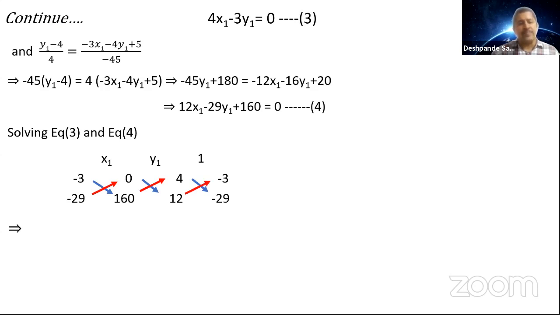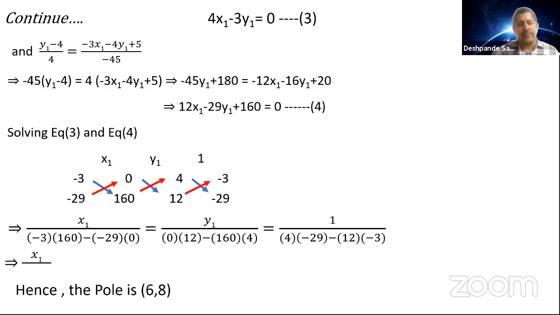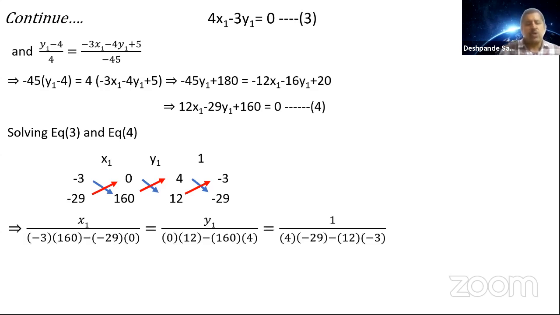So you get x1 divided by (minus 3 into 160 minus 29 into 0) is equal to y1 divided by (0 into 12 minus 160 into 4) is equal to 1 divided by (4 into minus 29 minus 12 into minus 3). So minus 3 into 160 is minus 480, minus 29 into 0 is 0.